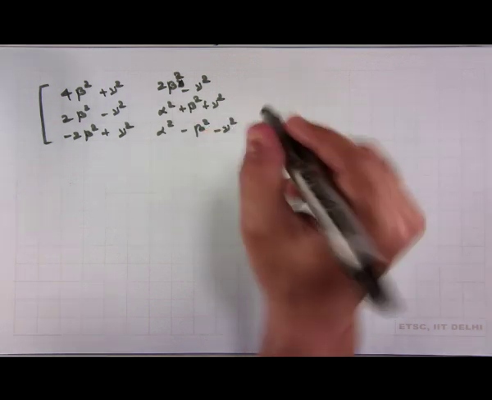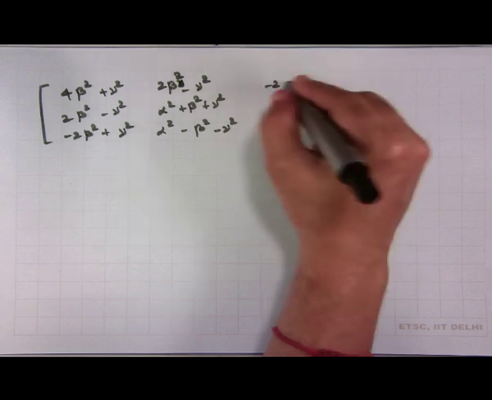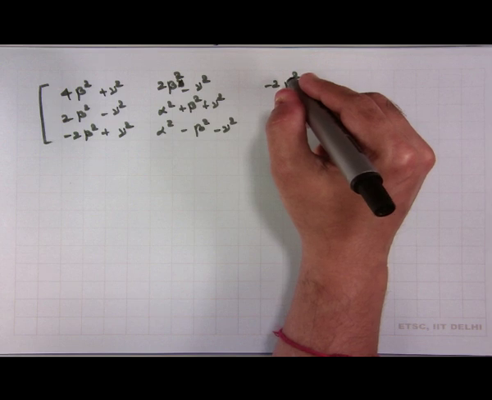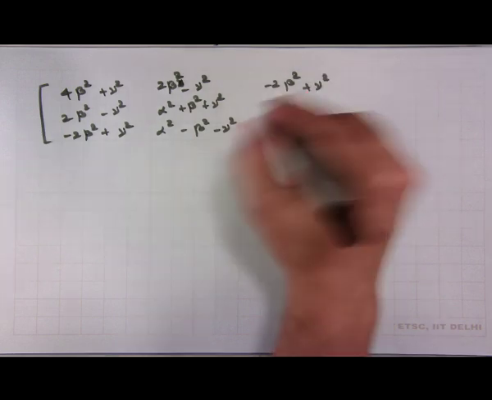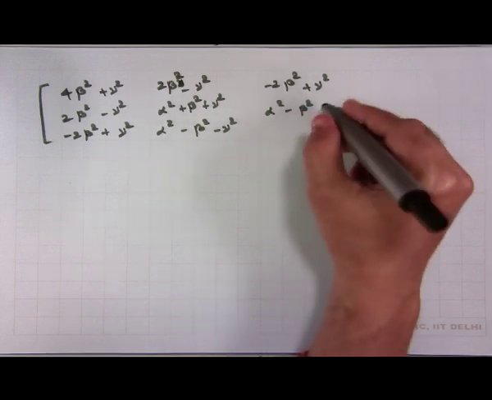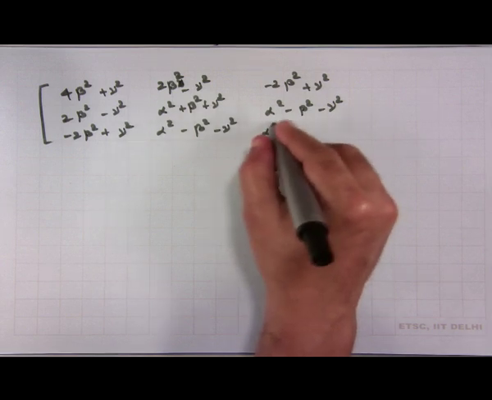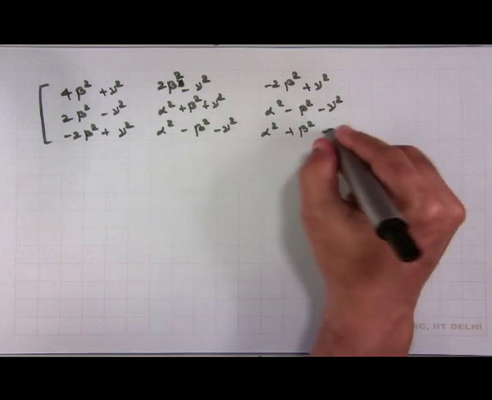Last one: minus 2 beta square plus gamma square, alpha square minus beta square minus gamma square, alpha square plus beta square plus gamma square.